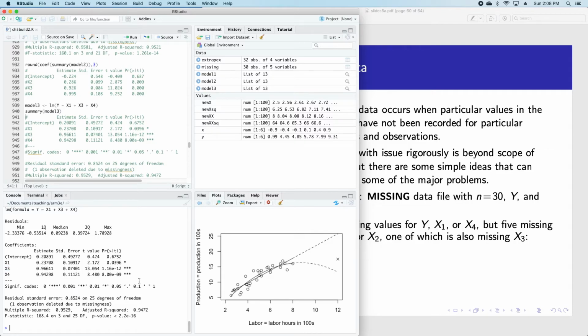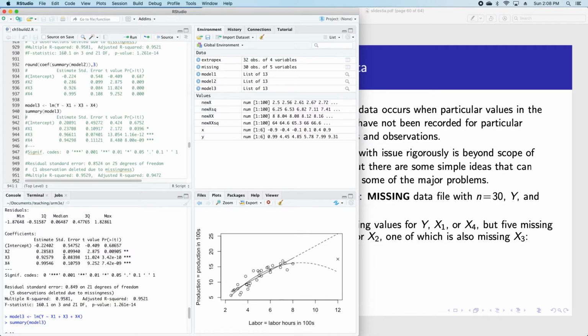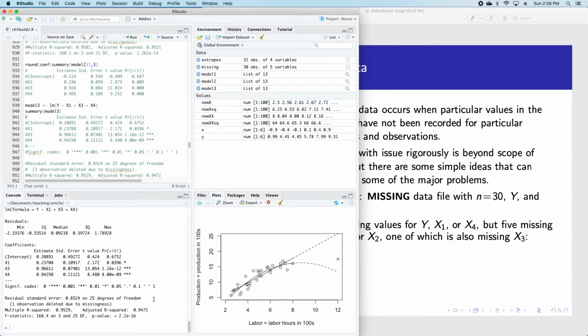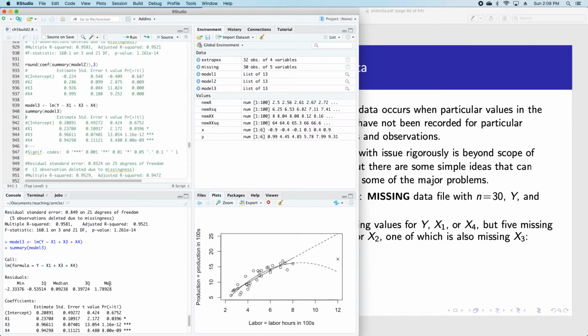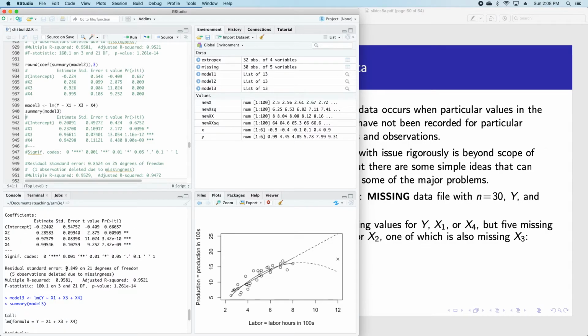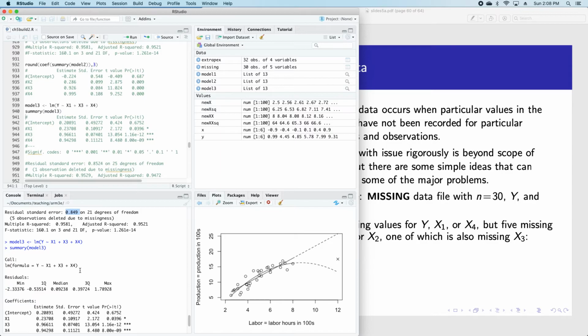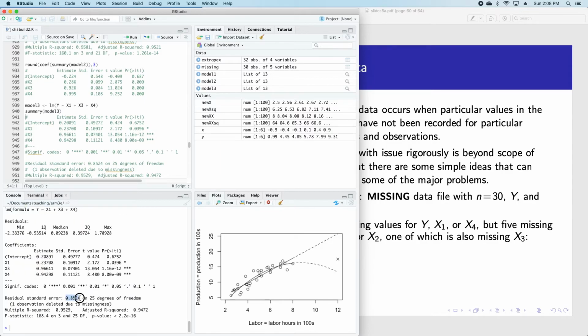Ordinarily we might favor model 2 because, let's look at adjusted r squared, 0.9521, higher than 0.9472, residual standard error, let's see, 0.849, smaller than 0.8524.